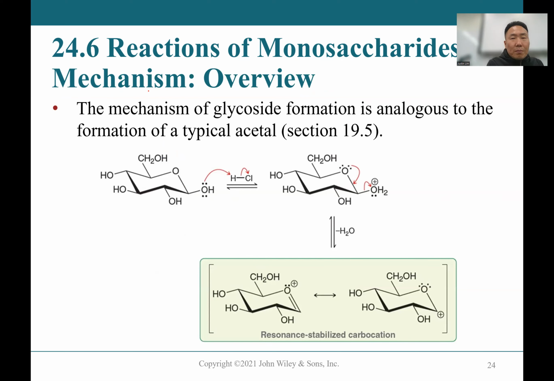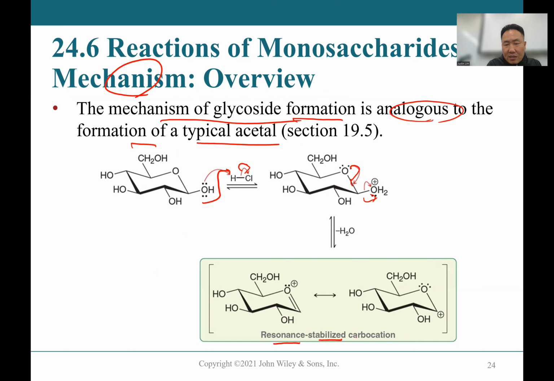Okay, let's look over the mechanism. The mechanism of glycoside formation is analogous to formation of a typical acetal. So proton transfer step, rearrangement, you can get a resonance stabilized carbocation.